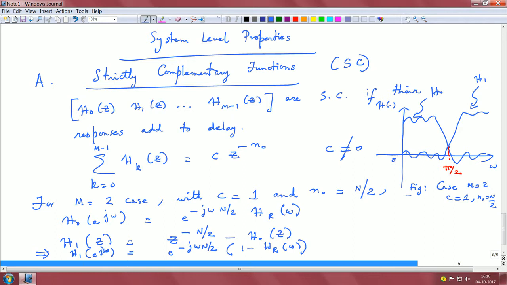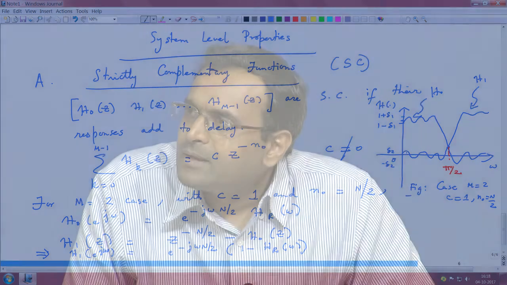So, therefore, the sum would ideally have to be 1, but you could have oscillations around 1. This could be 1 plus delta 1 and this could be 1 minus delta 1. Similarly, you could have a delta 2 and minus delta 2 symmetrically. I have not written the magnitude. If I write the modulus and if I square it, of course, you will not see the negative ripple down.